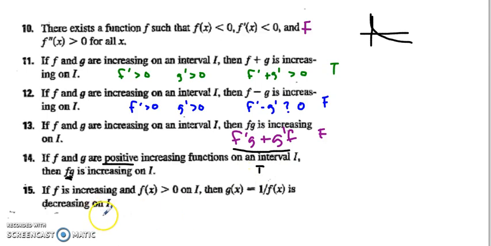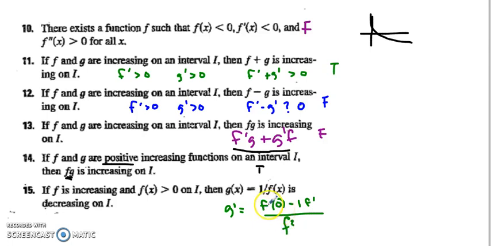And then last, for number 15, if f is increasing and f is positive, then g equals 1 divided by f is decreasing. So this one will entail the use of the quotient rule to get g prime. So we will have low times d high minus high times d low, squaring the bottom. That's going to be an f squared down there.